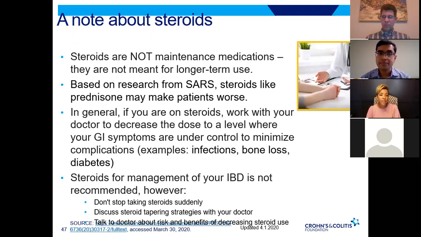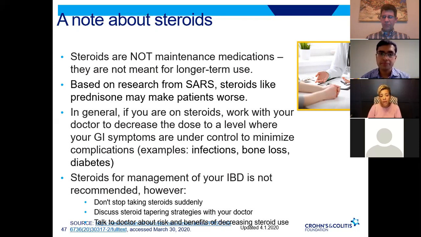A note about steroids. Again, steroids are not maintenance medications, and they're never meant for long-term use. There are some patients who are steroid dependent, and that means they are unable to get off of steroids, and we realize that there are cases like that. So every case is individual, and one should work with their doctor in every specific case.